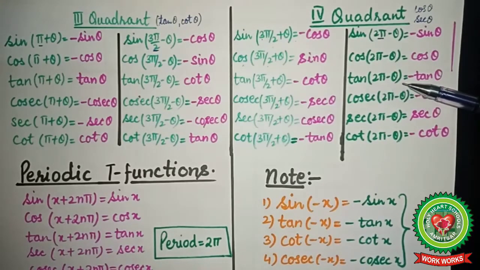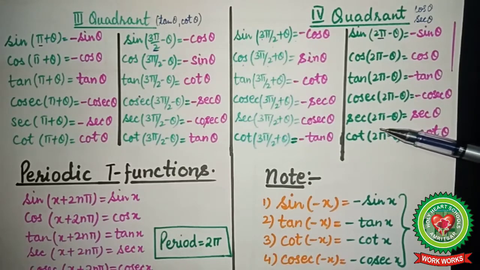Tan(2pi - theta) is equal to minus tan theta. Cosecant(2pi - theta) is equal to minus cosecant theta. Then secant(2pi - theta) is equal to secant theta, and cot(2pi - theta) is minus cot theta. These are all the conversions based on the quadrant and the angles.